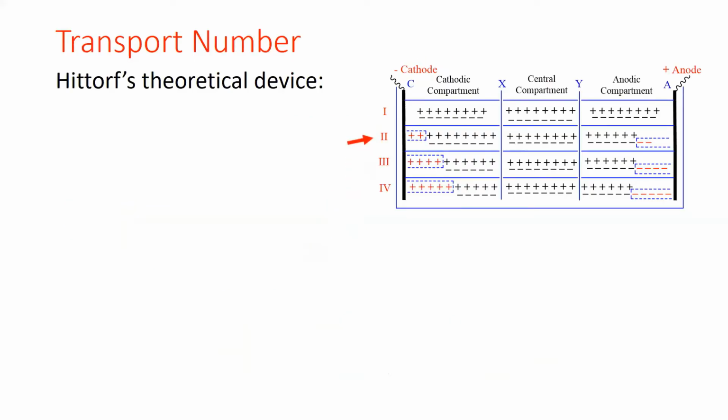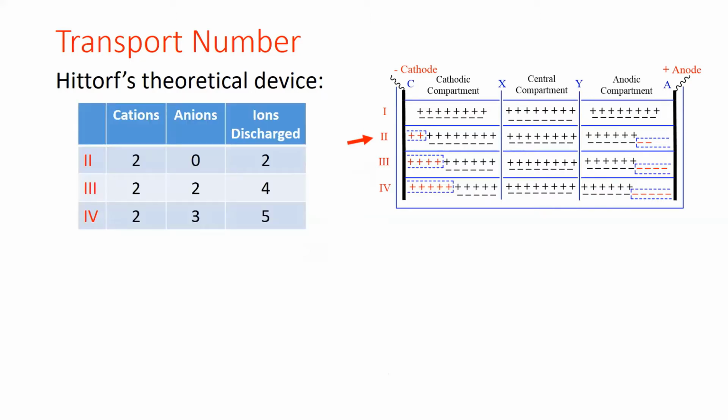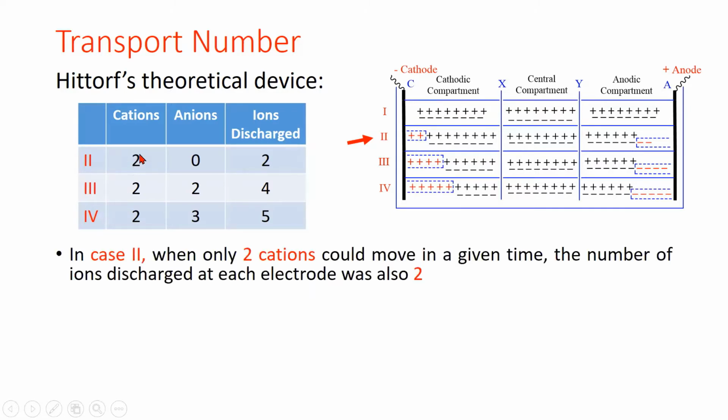In case of Hittorf's theoretical device, case 2, we have discussed that when two cations move in a given time and no anion moves during that time, then the ions discharged at the respective electrodes are 2.